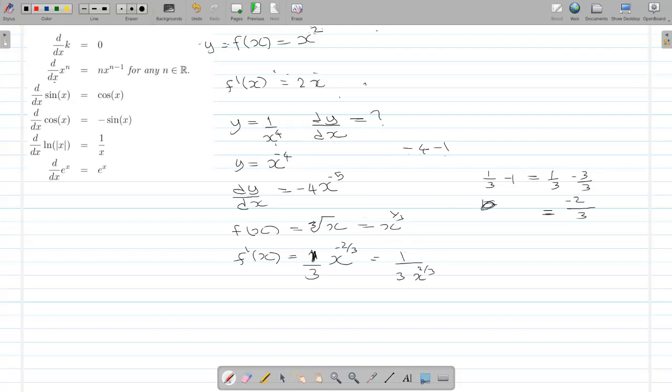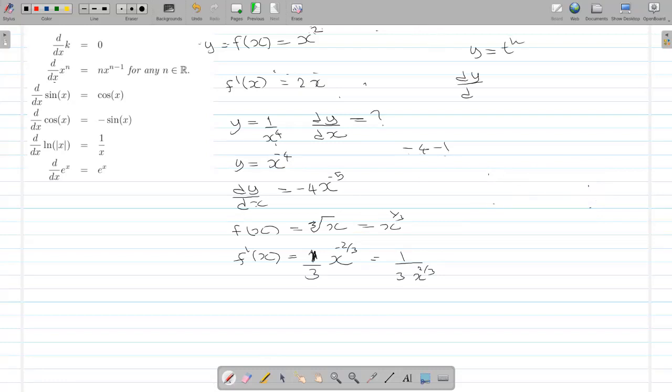Any questions? This formula doesn't change. It's the same if I have a different variable. It will take the same form, then I can use the formula. For example, if I have y equals t to the n, then the derivative is dy by dt.